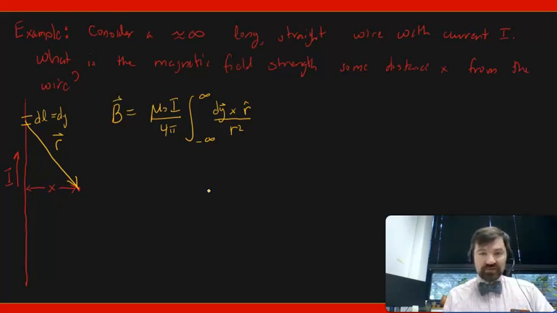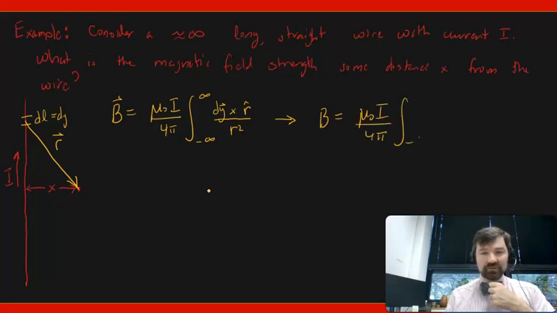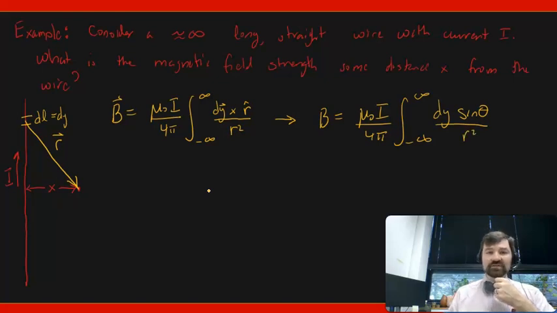One way of doing that is to recall that we really care more about the magnitude. The direction we can figure out using unit vectors or the right-hand rule. To find the magnitude, though, this becomes B is equal to mu naught I over 4 pi integral from minus infinity to infinity of dy sine theta over r squared. And so in some sense, we have a y, we have a theta, and we have a little r that are all variables in this.